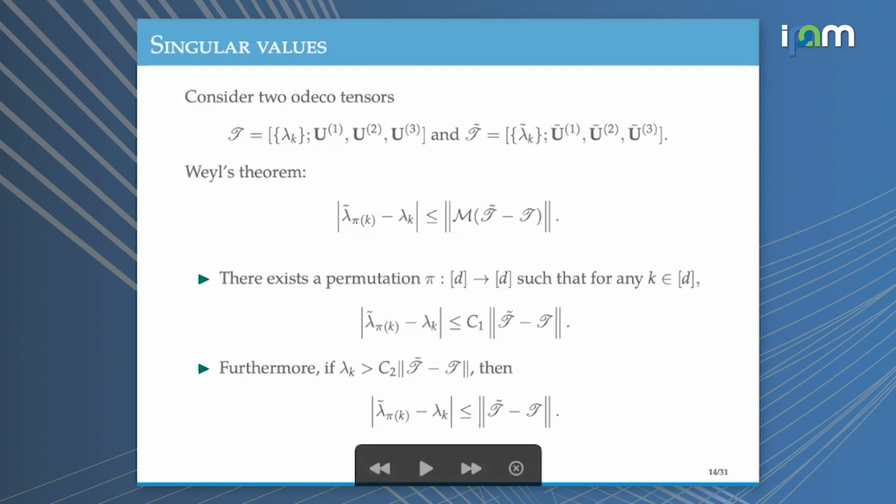And the first question, let me first make things a little bit simpler. Suppose I have these two tensors, both orthogonally decomposable. Can I say anything about the perturbation? Here, of course, we know in the case of matrices, these are very classical results. Let's first look at the case of singular values. If you look at the singular values, because both are orthogonally decomposable, you can just convert them into matrices, right?